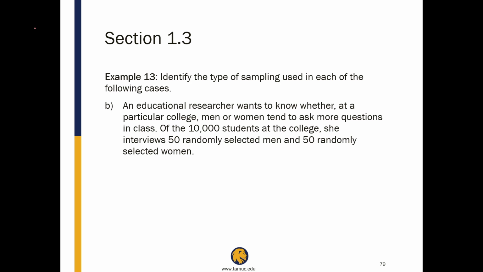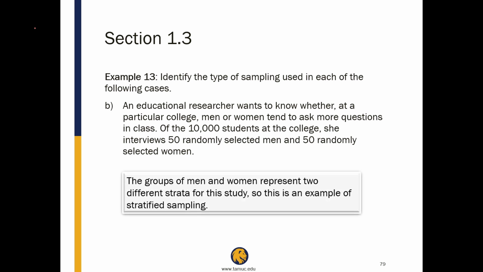Well, in this case, there is a grouping to it, men versus women. And those would represent the different so-called strata. And so they would call this stratified sampling. Notice again that within each of the groups, they randomly select men, women, and then they randomly select a little bit from each group. That's the key characteristic of stratified sampling.